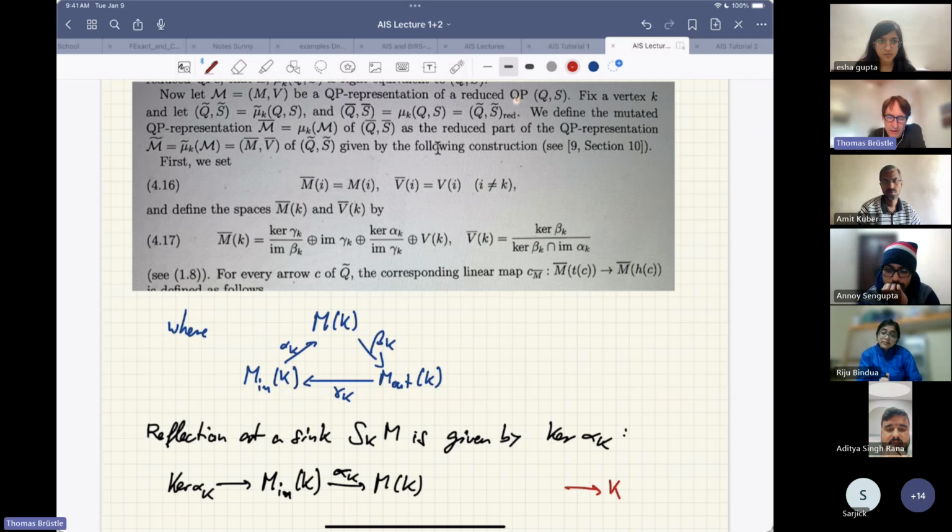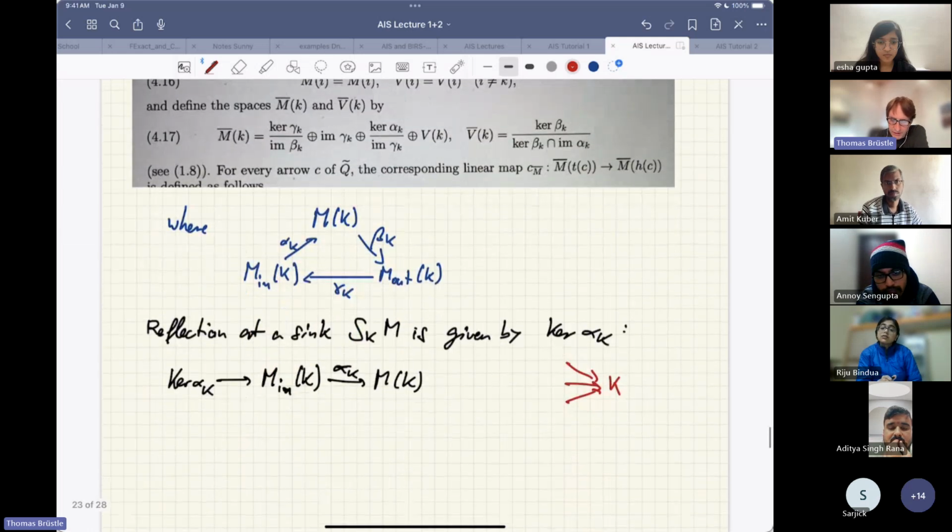We look at all the maps that go into K. There's a bunch of arrows going into K. So we do have a vector space at position K, and we have a bunch of vector spaces M_i1, M_i2, up to M_i something, that go into K. We want to take all of them together.